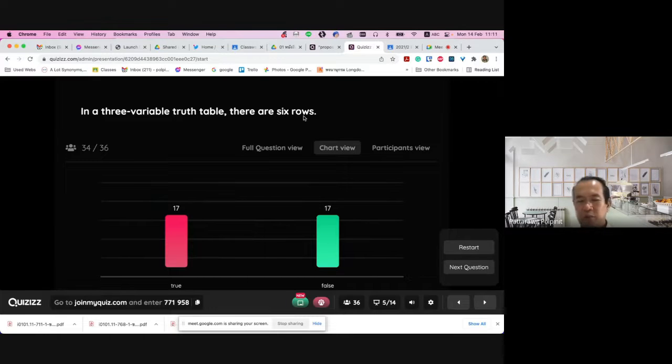The number of rows is 2 to the power of the number of variables, so 2 to the power of 3. So it is not 6, it is 8. So the statement is false. I am a bit surprised that half of you got this one incorrect. Okay, next question.